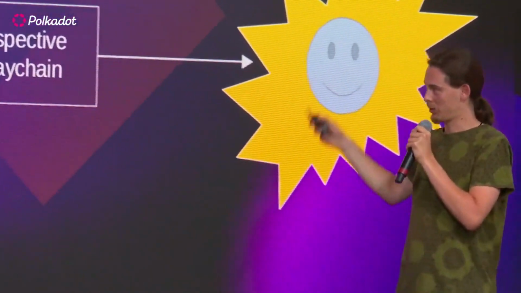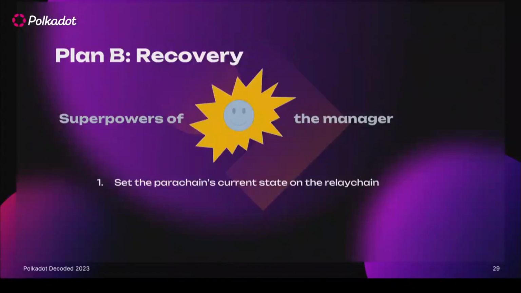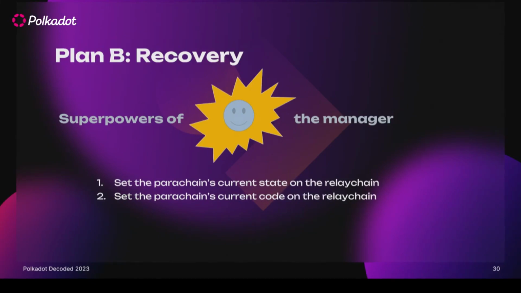And this makes the manager almighty, because once you unlock the manager, you grant him superpowers. This is setting the state on the relay chain of the parachain he's responsible for, and setting the code on the relay chain for the parachain he's responsible for.